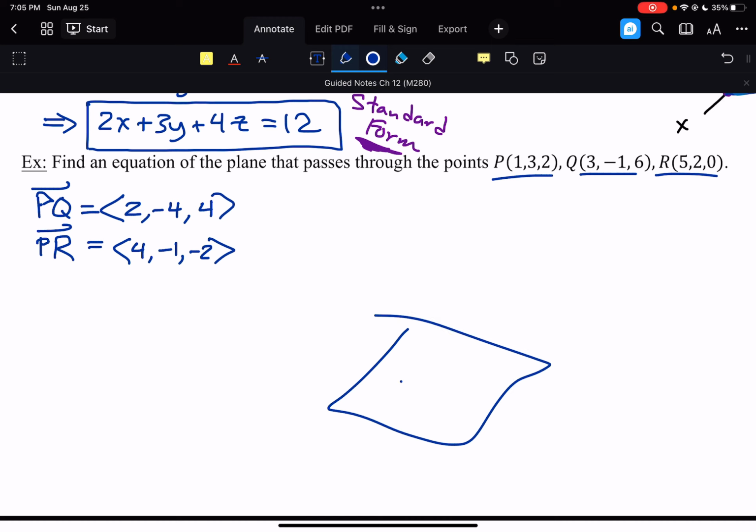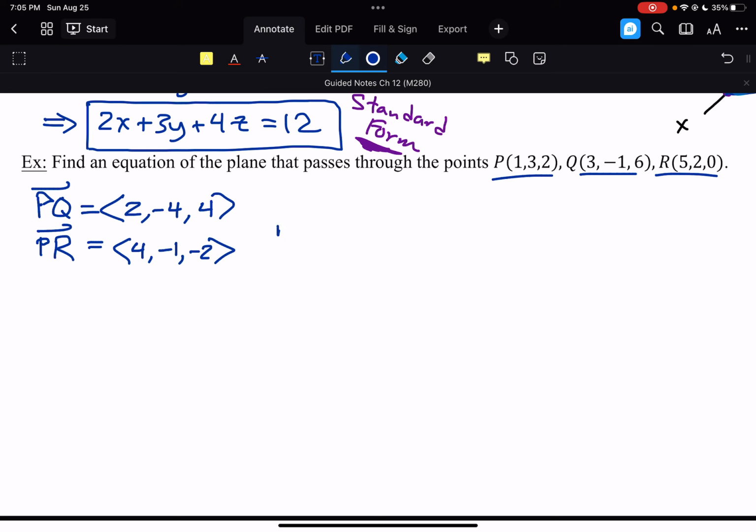Okay, so we've got a plane. We've got these two vectors that lie in it. If we want to create a normal vector that goes up and out, it needs to be orthogonal to both of these vectors that we just created. And we do have a way of creating vectors that are orthogonal to two others, and that is the cross product.